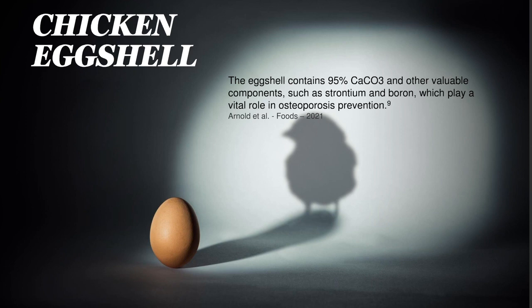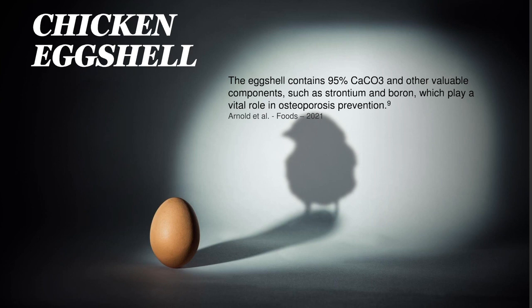Chicken eggshell. A case study showed that chicken eggshell powder could be an excellent method to increase calcium intake. The eggshell contains 95% calcium carbonate and other valuable components such as strontium and boron, which play a vital role in osteoporosis prevention.